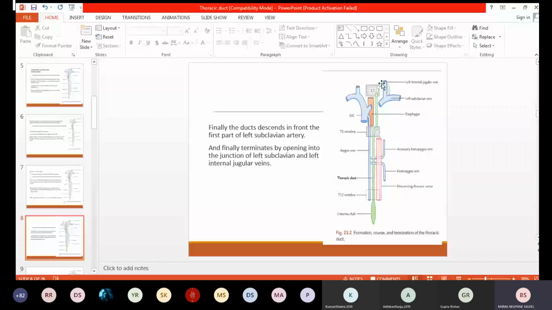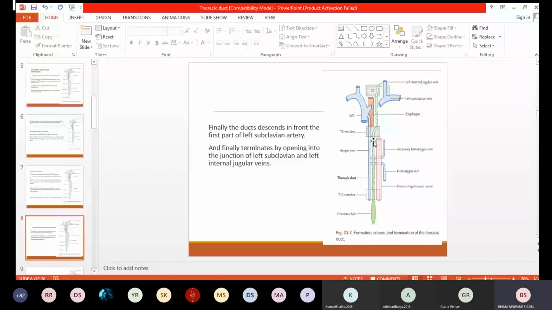You shouldn't forget to mention left: not only internal jugular vein and subclavian vein, but the left internal jugular vein and the left subclavian vein. So I think this diagram is sufficient to remember the course of the thoracic duct. If you draw this diagram, you can correlate the azygos system and the thoracic duct together.